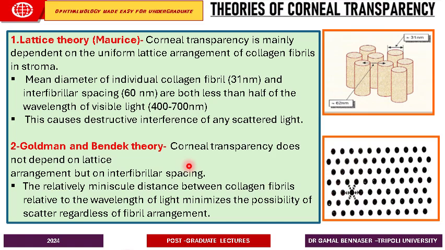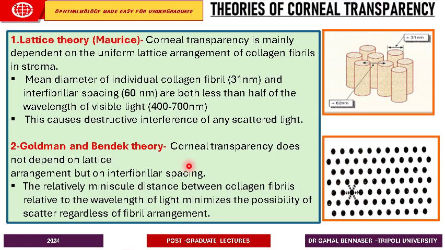And there are two main theories that explain this transparency, known as the lattice theory or the Maurice theory. And this theory predominantly relates the corneal transparency to the uniform lattice arrangement of the collagen fibers.